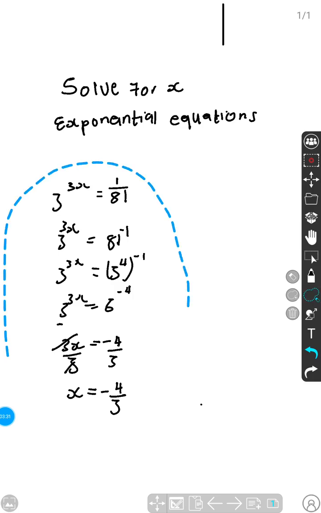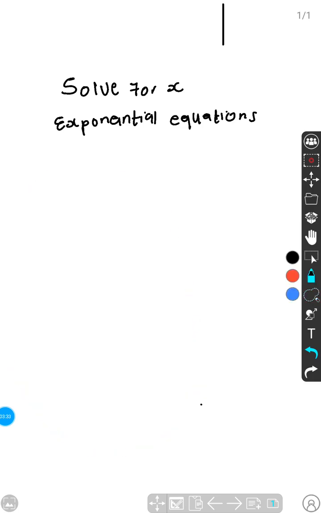Okay, so let's look into another example. Okay, we have 4 to the power x is equal to 16 to the power x minus 1. Okay, so we have base 4. How about we change the 16 to be 4 squared, so that we can have both sides of the equation have the same base.